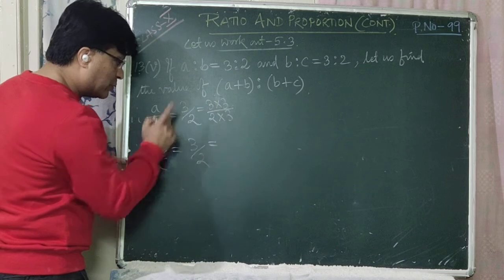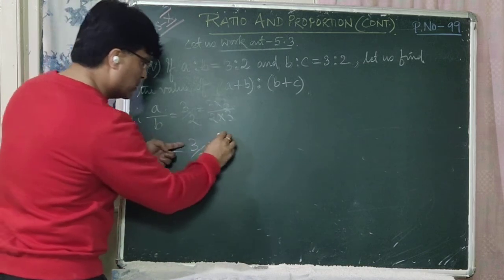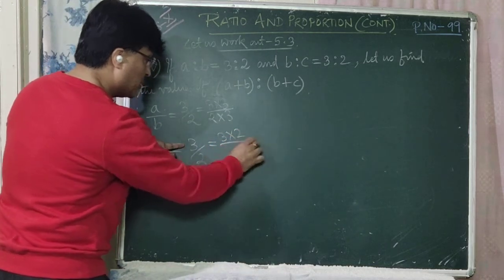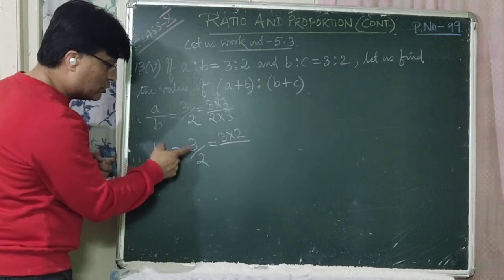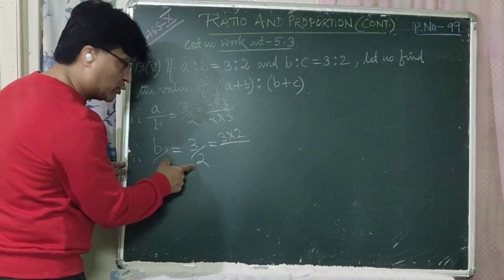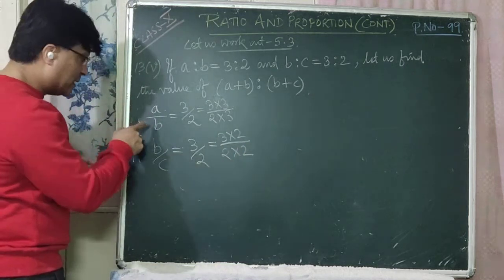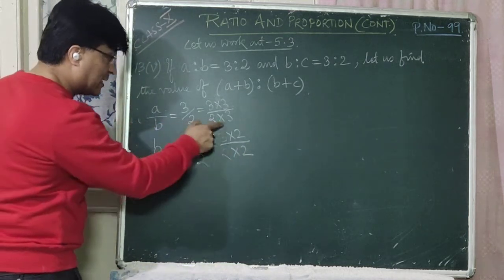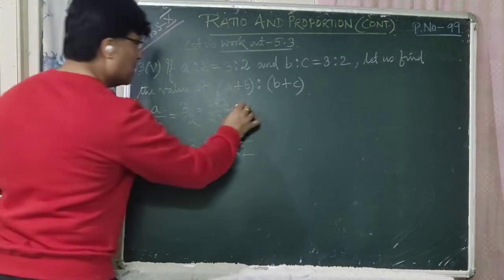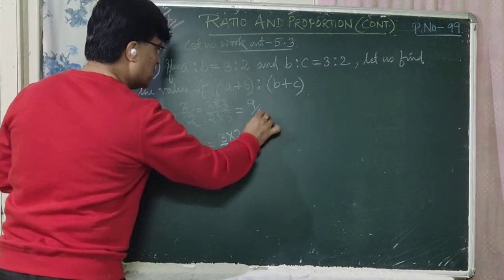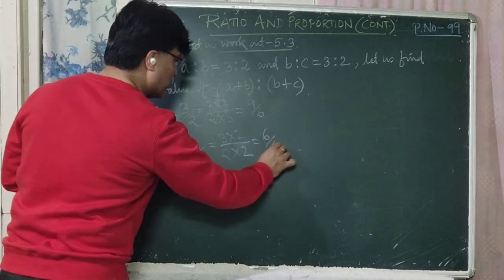If it is multiplied by 3, you should multiply this 3 by 2 here. So 3 into 2, if you multiply the numerator by 2, you should multiply the denominator by 2 also. That is 2 into 2. That means we are making this b equal here, b 6, this is also b 6. So which is equal to, this is 9 by 6, which is, this is 6 by 4.